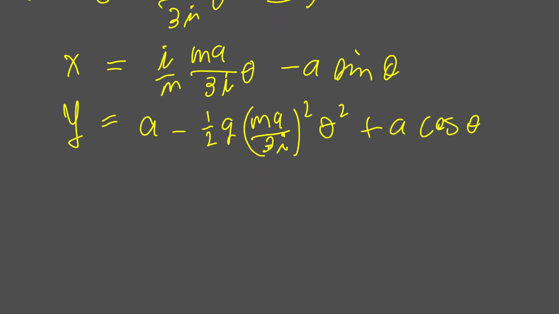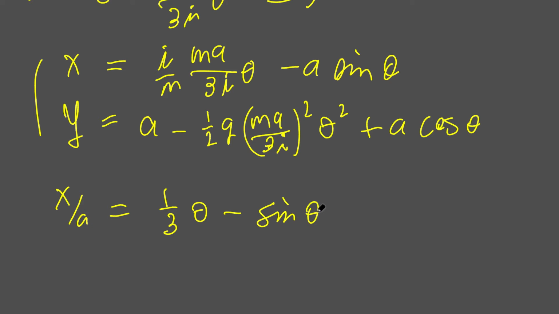So simplifying this, let me divide through by a. Let's write these equations as x over a is equal to, here the m's cancel and the I's cancel. The a has been brought to the left-hand side, so we just have 1/3 theta minus sine of theta.